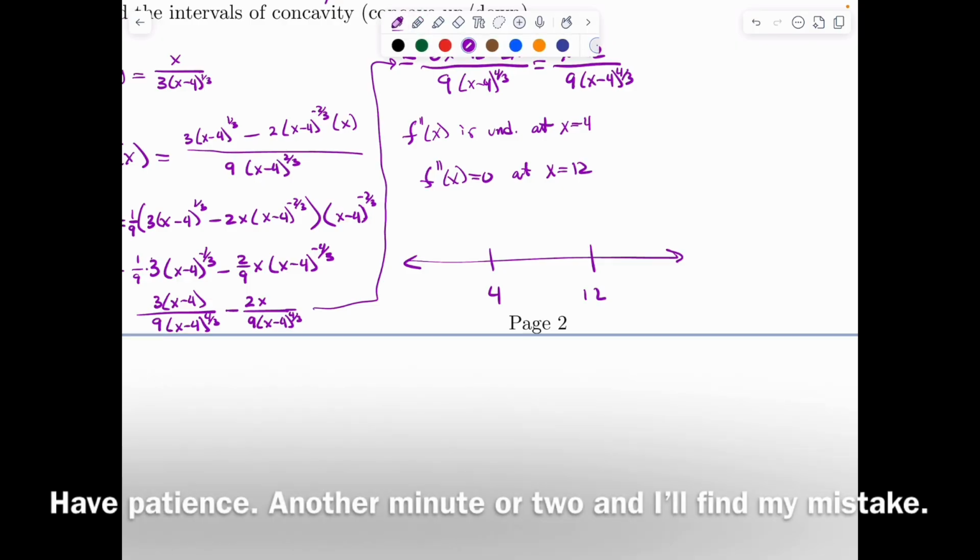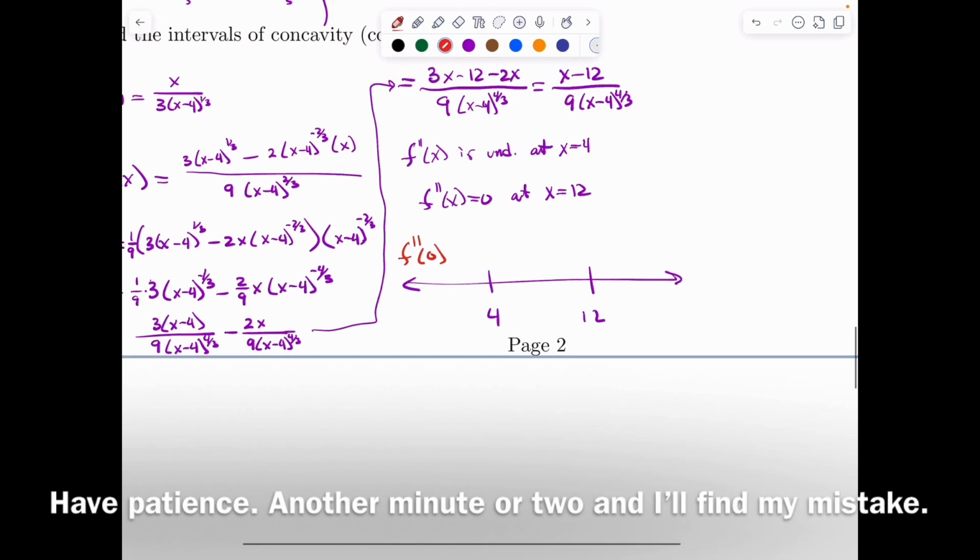If you'll forgive me for just doing it, the second derivative at 0, because that's a nice easy number to work with, is going to be less than 0. So it'll be concave down. F double prime of, say, 10 is also less than 0. So that's also concave down.